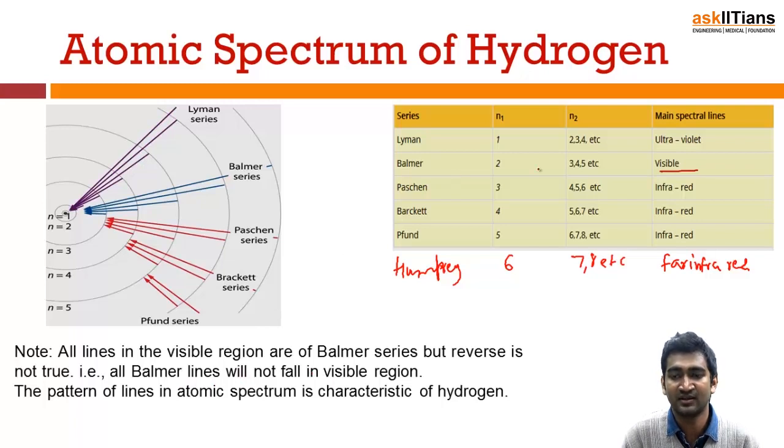For example, even some lines in the Paschen and Brackett series can fall in the visible region, but they are not in the Balmer series. So the reverse is never true. The pattern of lines in the atomic spectrum is characteristic of the atom.